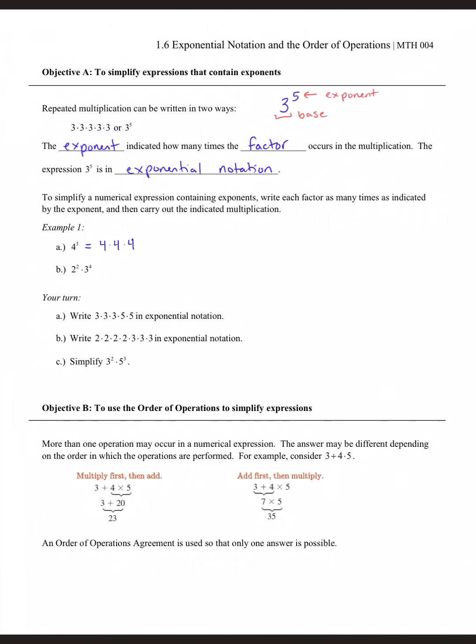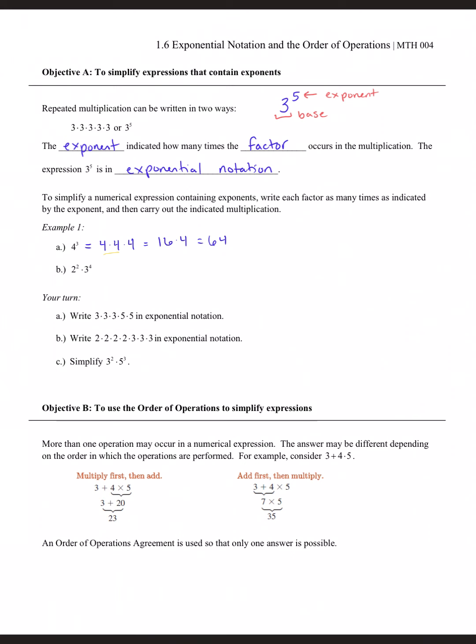Multiplication is what we call commutative, meaning we can multiply things in any order that we want. So for example, we could start with, okay, we know 4 times 4 is 16, and then we have to bring over that other 4. So that's one way we can do this to get an answer of 64. Or you can just type in your calculator 4 times 4 times 4 to get the 64.